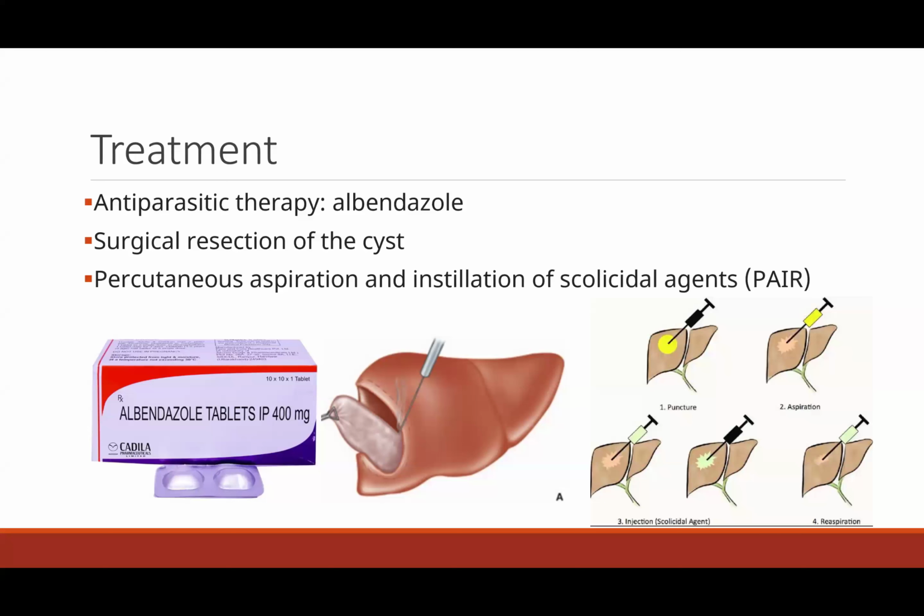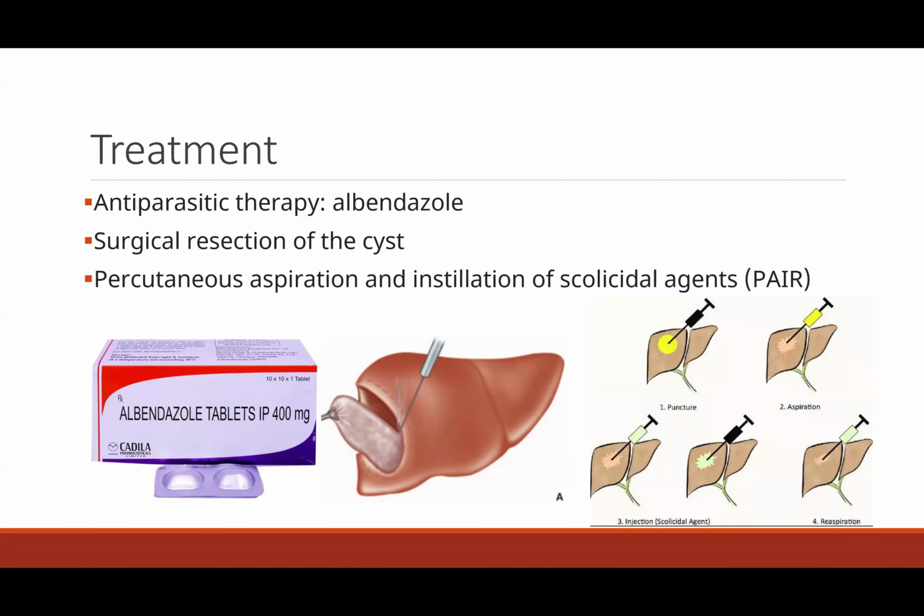So the treatment of echinococcus usually involves antiparasitic therapy combined with either surgical resection of the cyst or percutaneous aspiration with instillation of scolicidal agents, a PAIR procedure. So antiparasitic therapy may be used as definitive management in a select few cases, and it's also useful as an adjunctive therapy to surgery and percutaneous treatment.